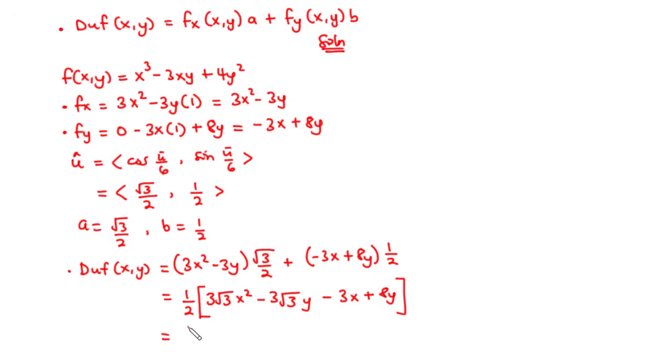Now we can simply group like terms so that we have 3 root 3 times x squared, and then minus 3x, and then minus 3 root 3 times y plus 8y. So basically this is the directional derivative of the function at the point x, y.